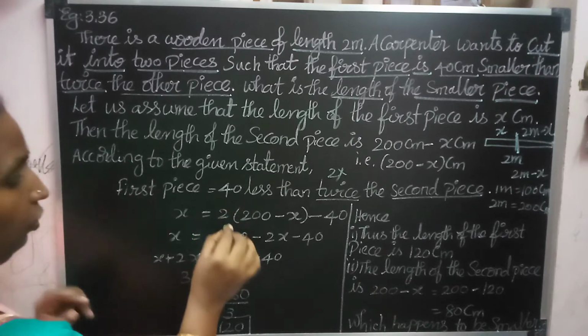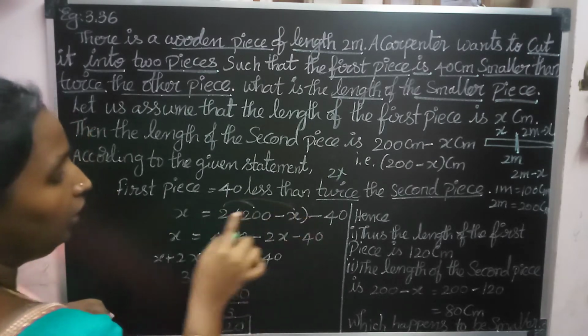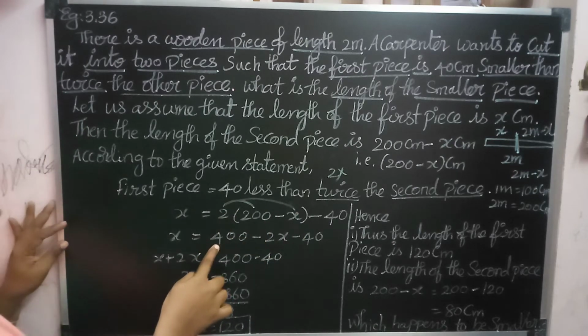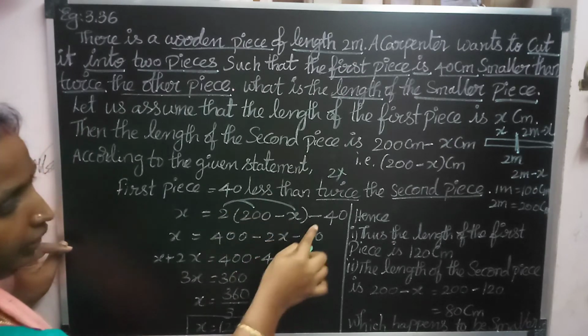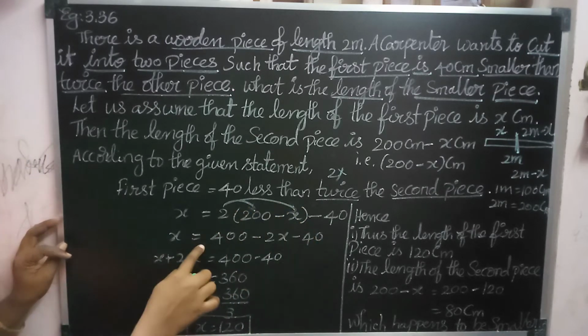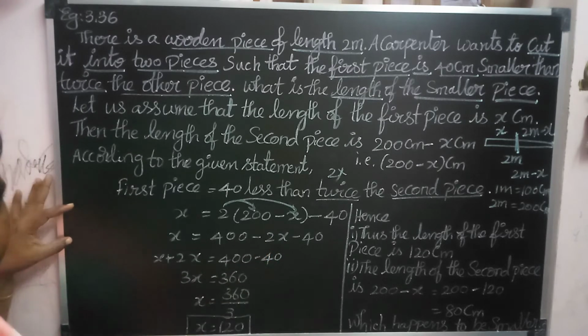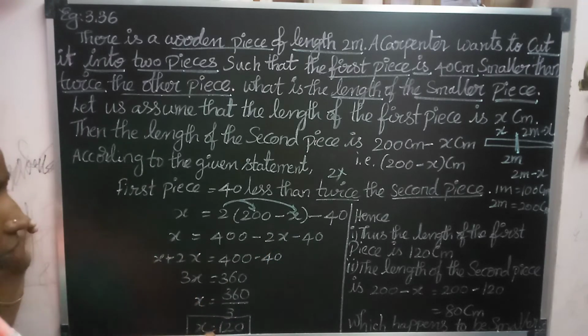Listen how to find. x equals, multiply with this 2: 2 into 200 you will get 400, 2 into x you will get 2x, write minus 40 as it is. So x equals 400 minus 2x minus 40. Always the variable should be on the left hand side, as I already told.